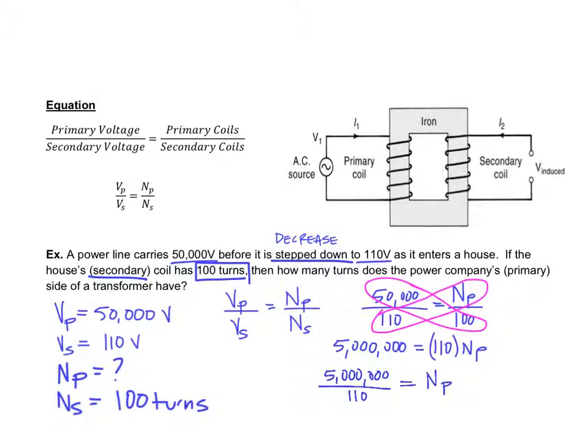So 5 million divided by 110 gives me 45,454.55 turns, or coils. So that's how many coils are on the primary side that are receiving the 50,000 volts of electricity.